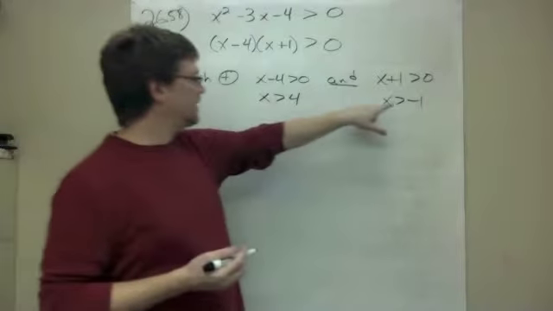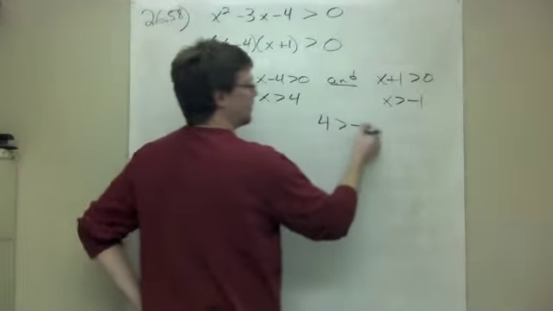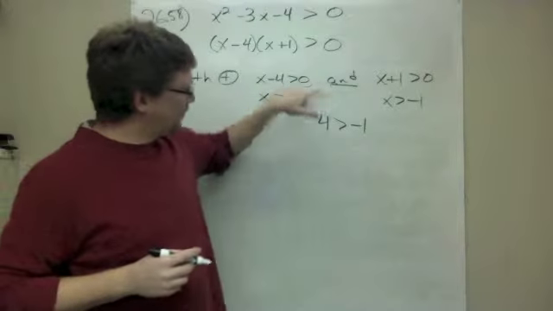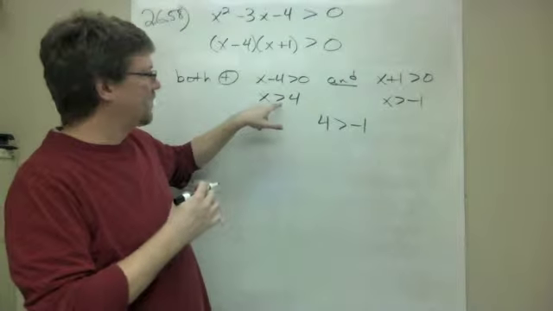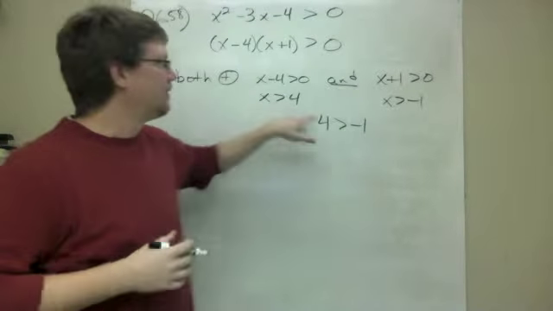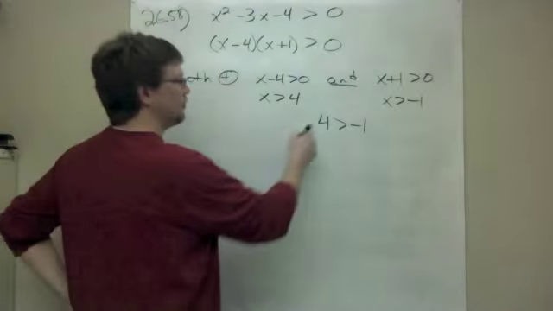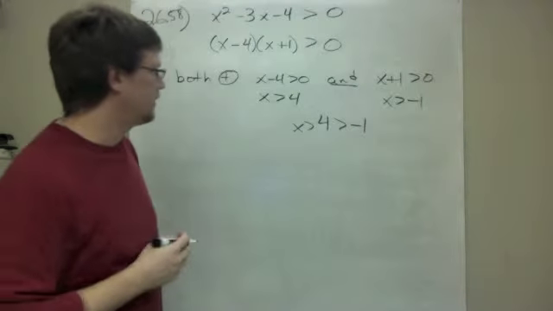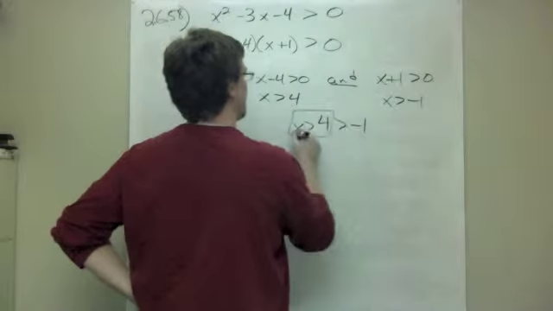Since 4 is greater than negative 1, the only way this is satisfied is if we're greater than 4. This is satisfied anytime we're greater than negative 1, so we have to be restricted by the larger of the two. So x is greater than 4 is our condition on the positive side.